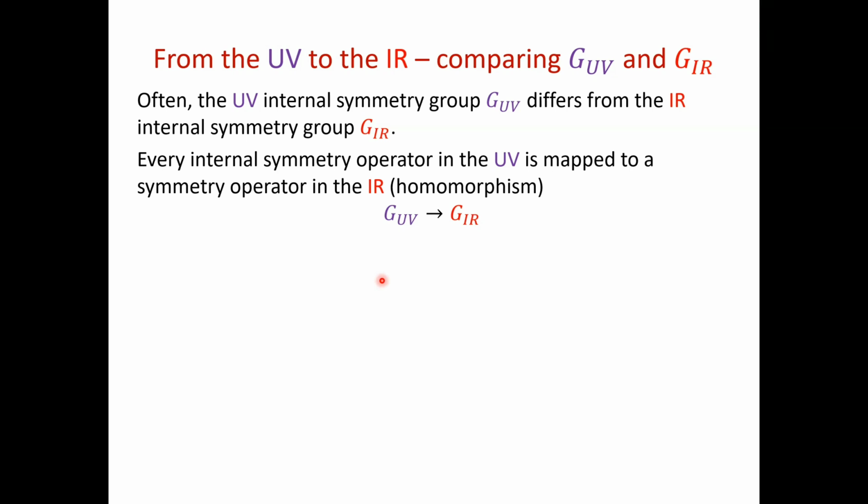Yeah, I was trying to ask whether there is a group theoretical characterization of the emanant symmetry. Should I think of it as some kind of a quotient of UV by IR or something? The quick answer is no, but you see what the emanant symmetry tries to be? It tries to be a quotient of GUV, the full GUV.